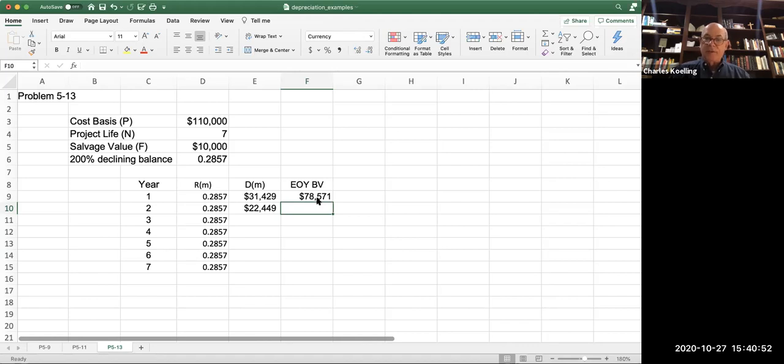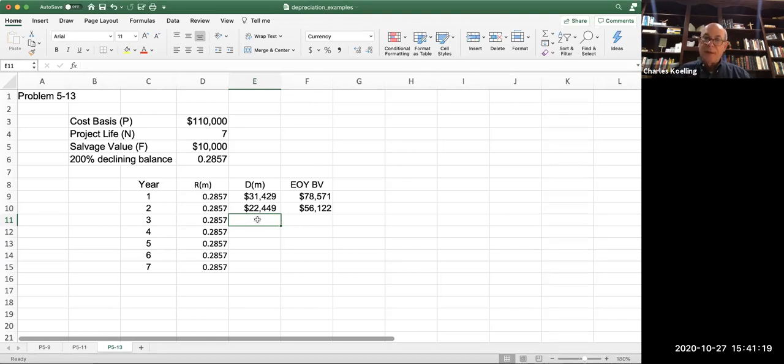Our end of year book value then is equal to the end of year book value at the end of year 1 minus the depreciation amount for year 2, and that gives us a book value at the end of year 2 of $56,122. I'm going to do one more year here, and then we'll complete the table.